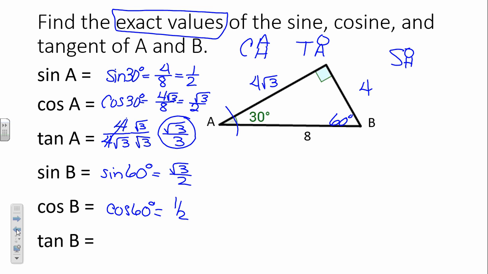Okay? And then finally, we need to find the tangent of B, the tangent of 60 degrees. So we go to our 60 degrees, put our thumb on it, right? And the tangent is the TOA part, right? So Eric, what's the tangent of 60 degrees going to be?